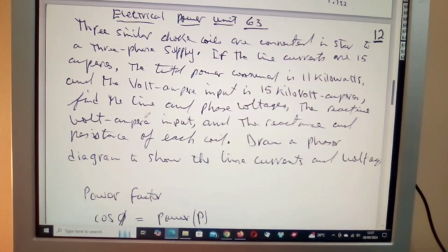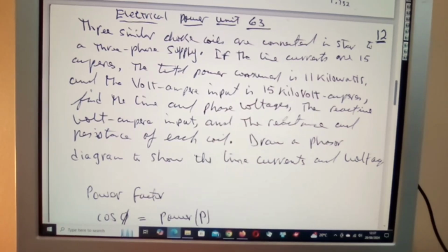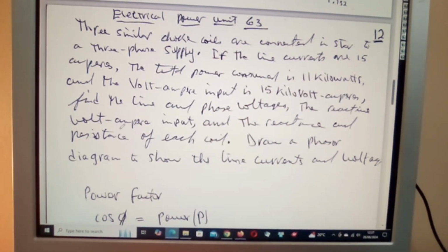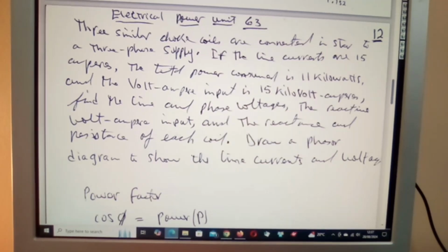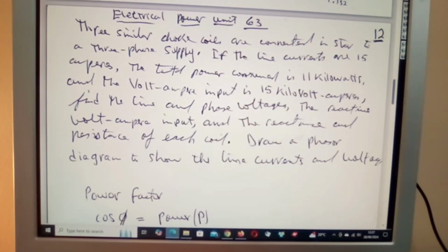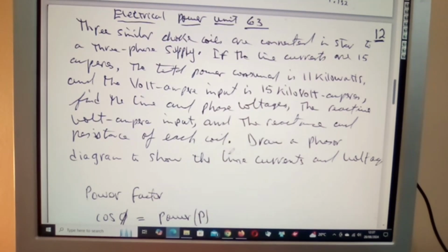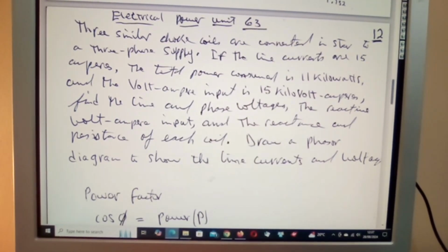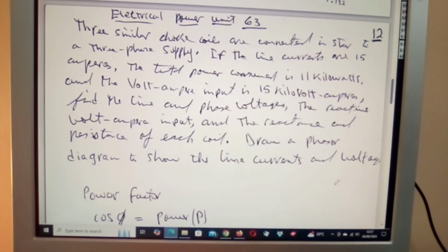Find the line and phase voltage, the reactive volt ampere input, and the reactance and resistance of each coil. Draw a phasor diagram to show the line currents and voltages. Okay.